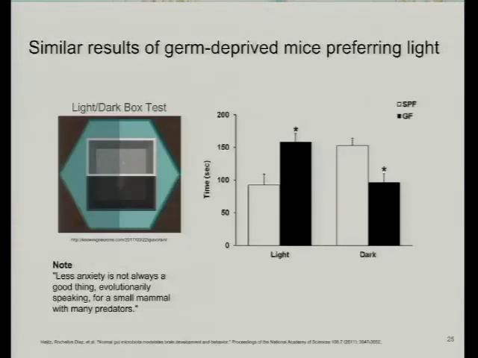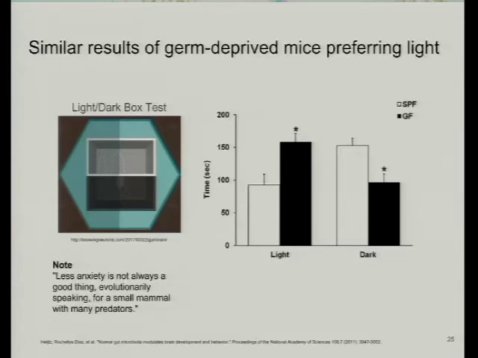So in another study, they did a similar experiment, and in at least one of their experiments, they wanted to look at the light-dark box test as well. And this time they compared the germ-free and specific pathogen-free mice.